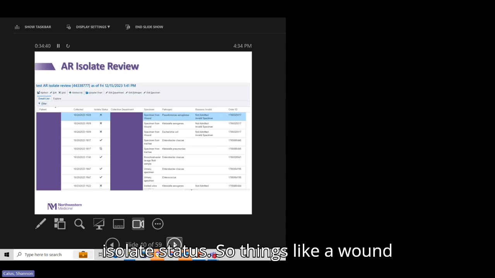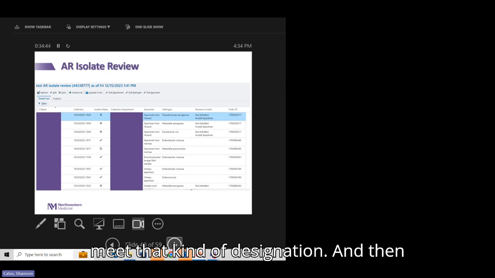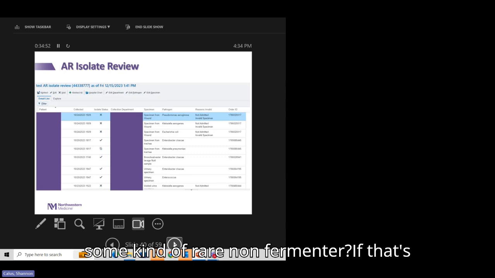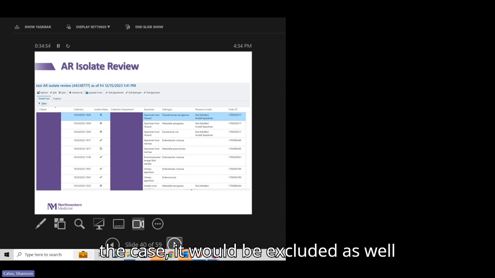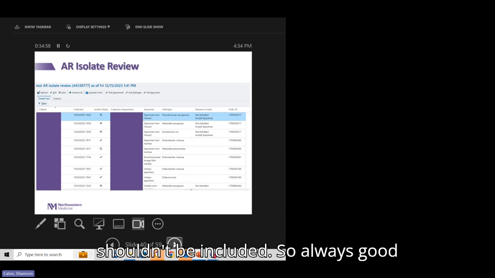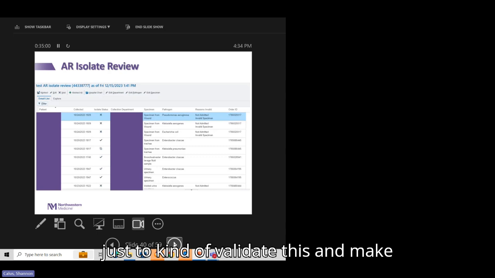Things like a wound swab, or if it's from a trach, those are not going to be included because they don't meet that designation. And then, is it a bug that we would expect to be on that list? Is it Enterobacterales? Is it some kind of rare non-fermenter? If that's the case, it would be excluded as well, and it'll give you the reason why it shouldn't be included. So it's always good to validate this and make sure that it's consistent with what you'd expect.